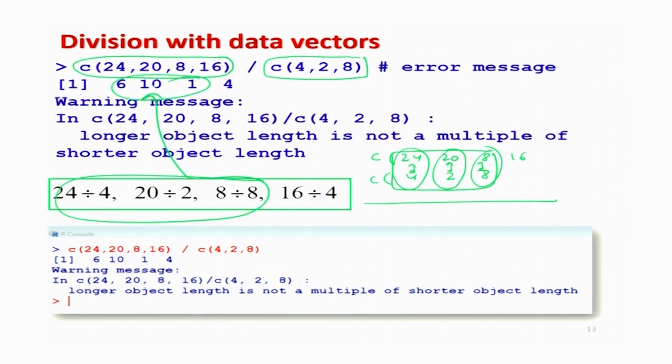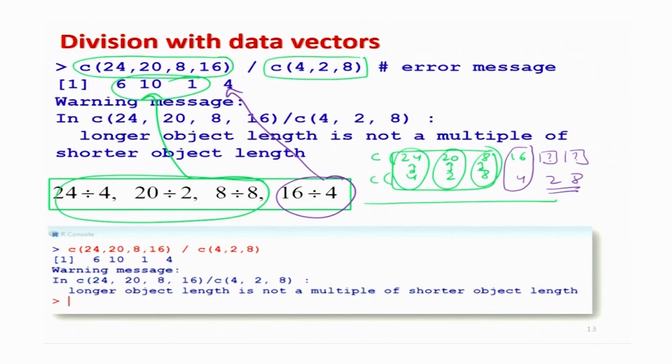Now, after this R does not know how to proceed. So, it will try to copy the same block 4, 2 and 8 over here, but now there are no values in the first data vector where the operation can be done. So, this 16 divided by 4 will be operated and it will give you the answer 4, but then what to do with the 2 and 8 in data vector 1, that is not known to our software.